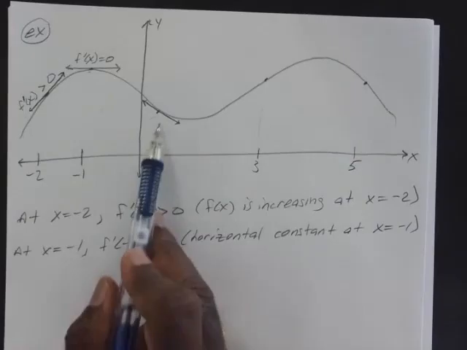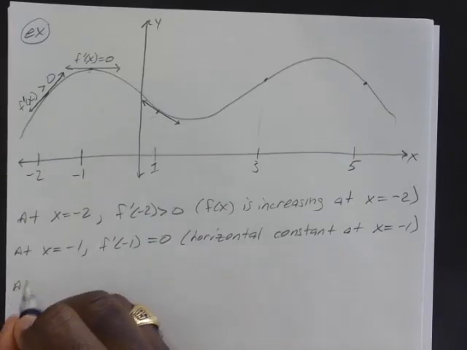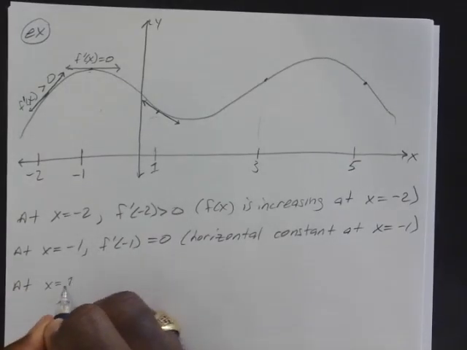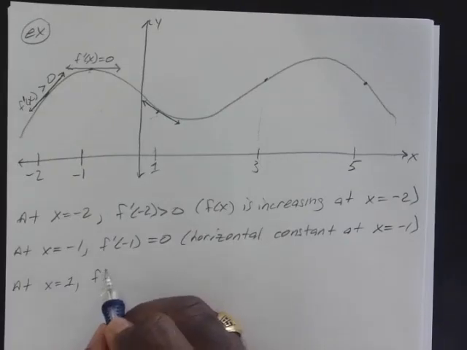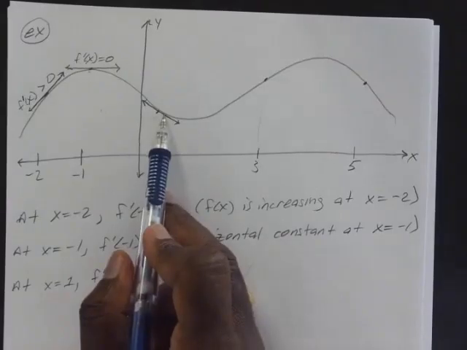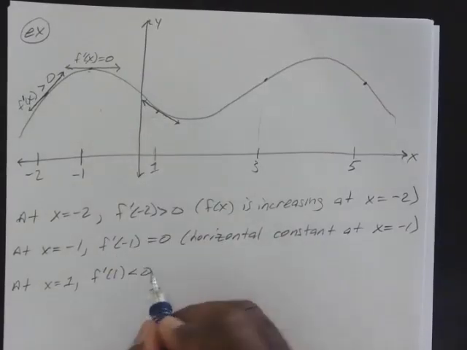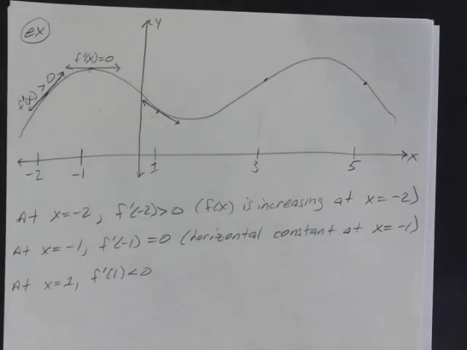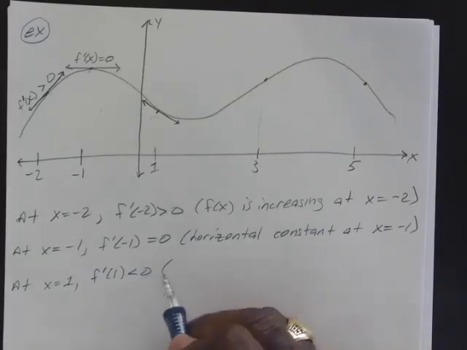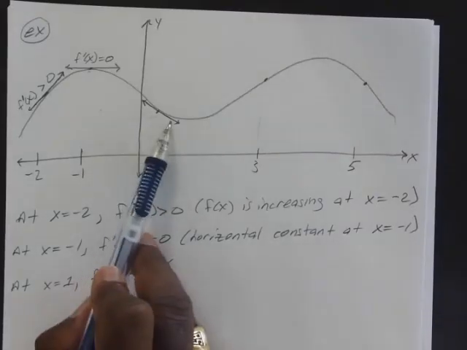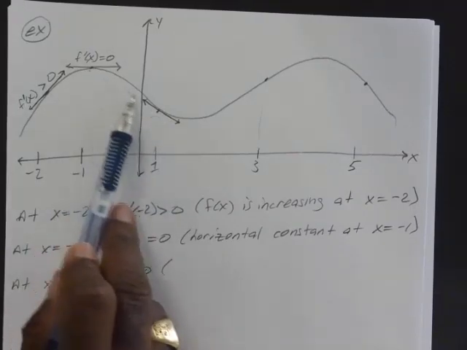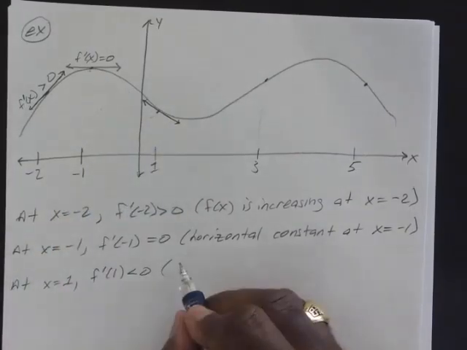So we can see at x equals +1, the slope of the tangent line at 1 is less than 0. So whenever the slope of the tangent line is less than 0, it's decreasing at that point.